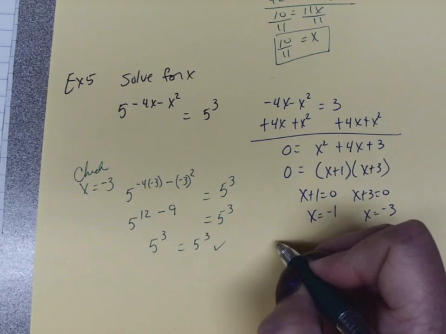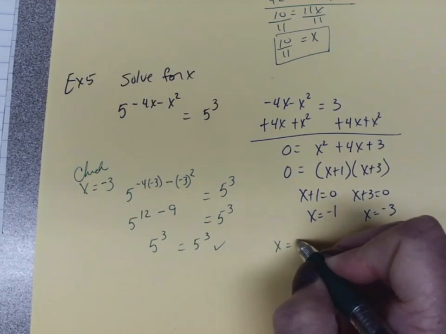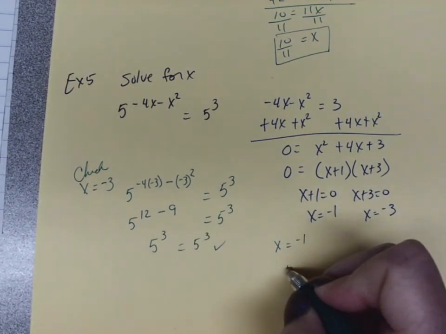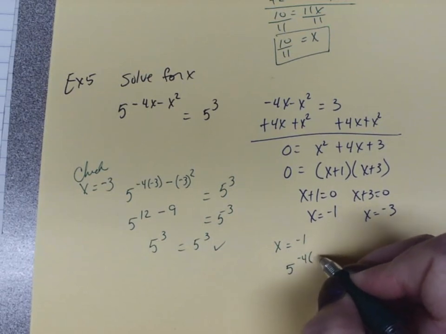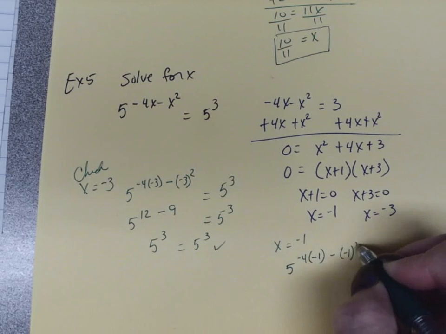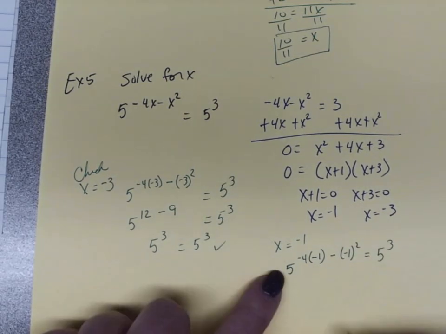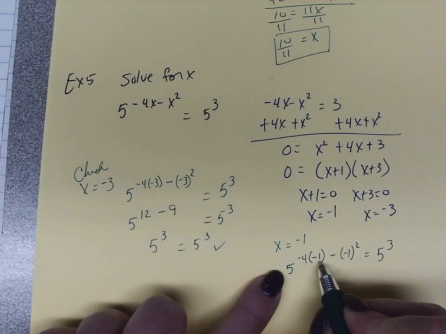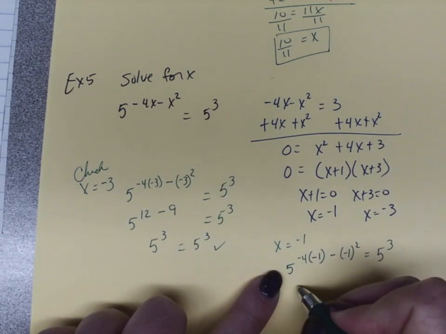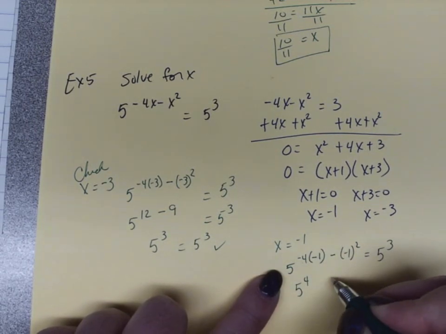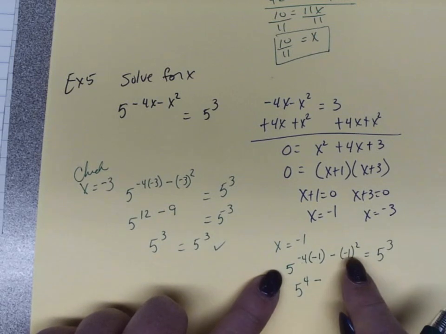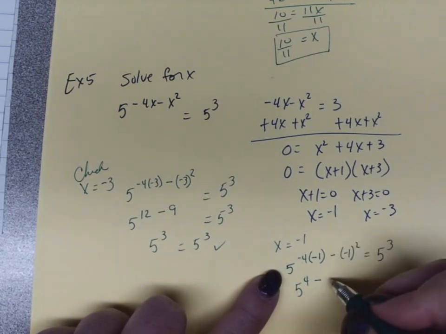All right, now let's check x equals negative 1. So 5 to the negative 4 times negative 1 minus negative 1 squared equals 5 to the third. Negative 4 times negative 1 will get us 4, so 5 to the positive 4 minus negative 1 squared, again, is a positive 1.